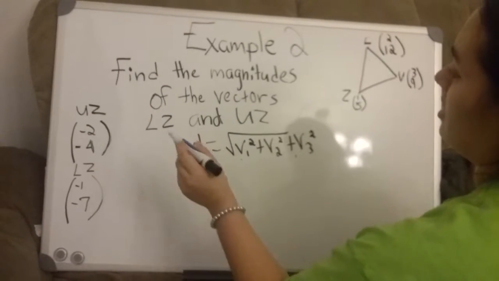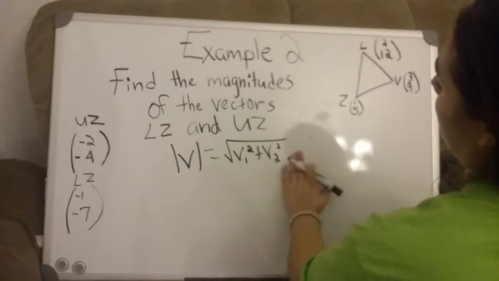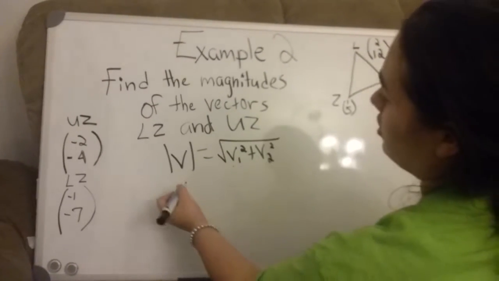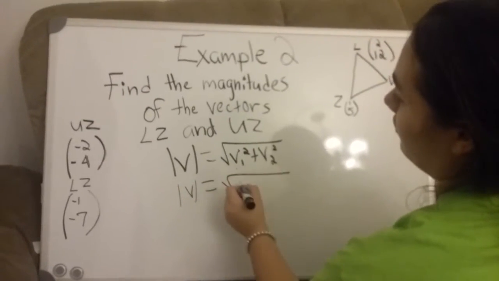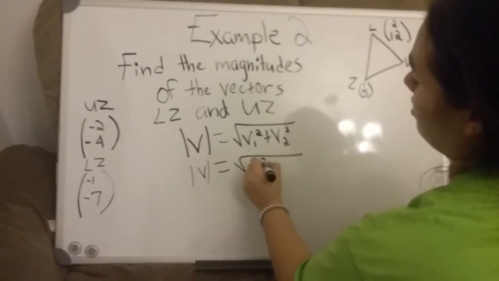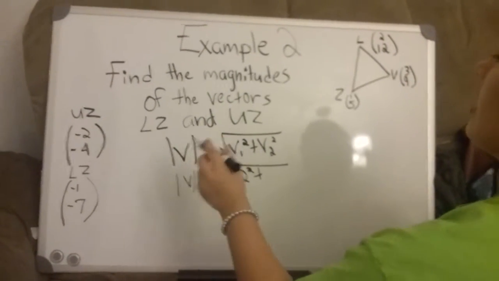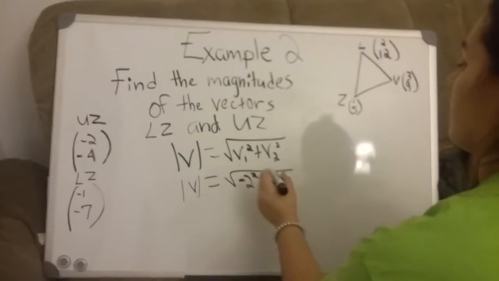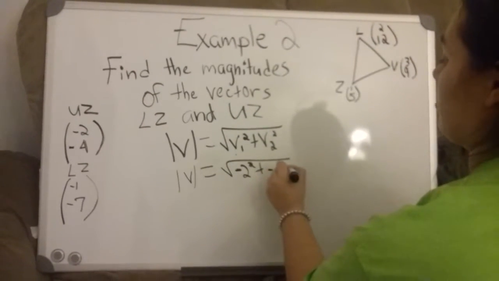So for these purposes, let's start with vector UZ. Vector UZ only has two components, i and j, so we're going to eliminate the third. I'll put in -2 for v1, so -2 squared, and -4 for j, or v2, which is -4 squared.